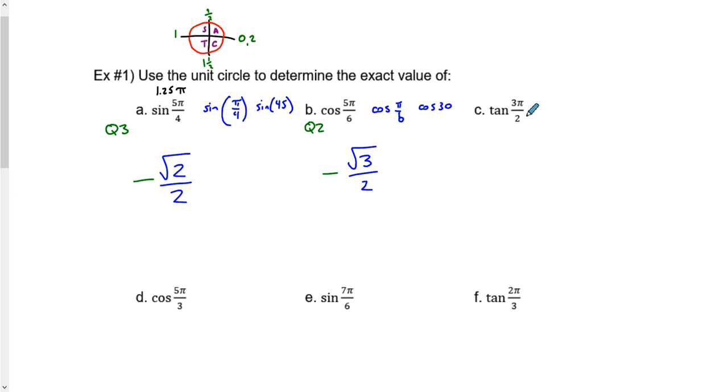So lots more examples. Tangent, 3 pi over 2. Okay, that's exactly 1.5. That is exactly 1.5. So we're dealing with down here. And our tangent is, again, the sine divided by the cosine.